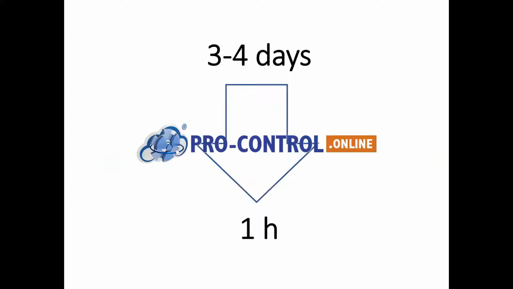So something that took a team of specialists many days to measure, to analyze, to prepare reports, now can be done by one service guy in 1 hour. And it was done for the entire country of Poland.